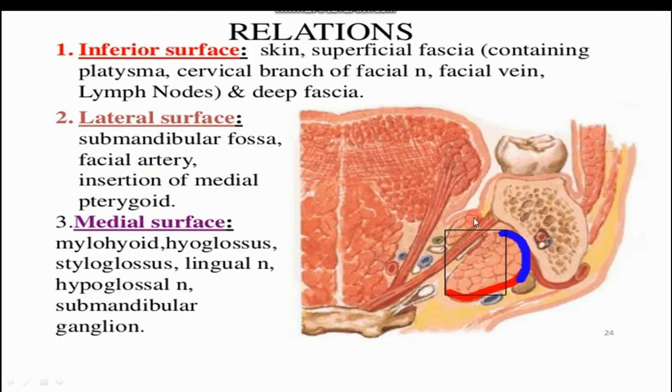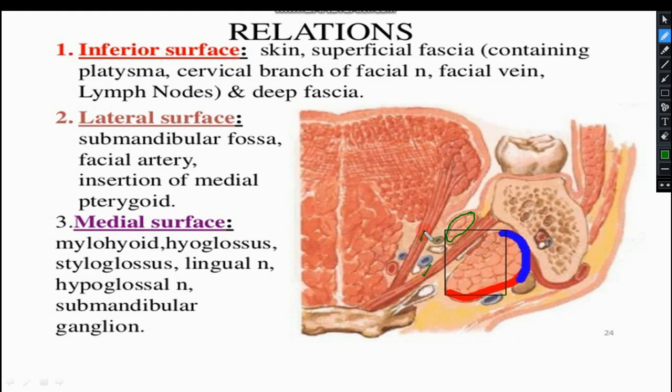So this is the deep part. Let me encircle it. This is the deep part of the submandibular gland, and here we can see the muscle which is the mylohyoid. This is the lateral aspect, so laterally is the mylohyoid, and medially is the hyoglossus.